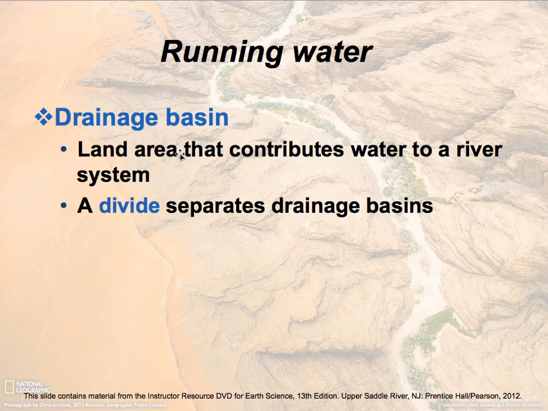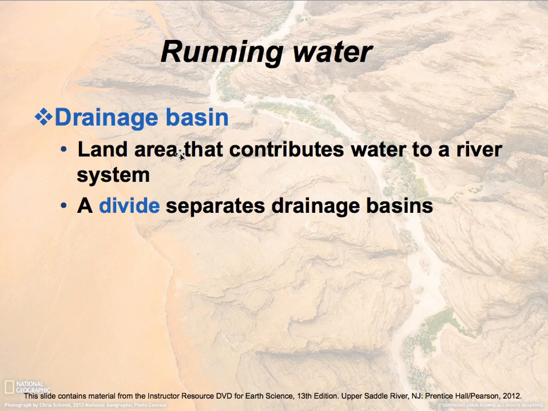That is, when water falls in an area, it tends to stay in that area until it moves out, which sounds a little bit silly, but in a way it's useful, especially when we're talking about how water impacts the Earth's surface. Drainage basins are essentially zones where water is collected and transported that are isolated from other zones.